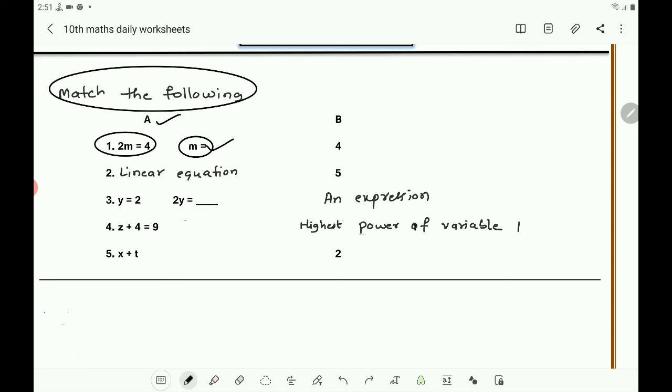Then z equals. And x plus t: match x plus t with whichever statement is not matched with a linear equation. In this way match the following.